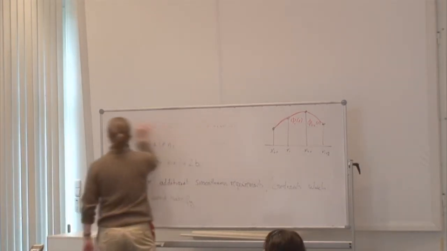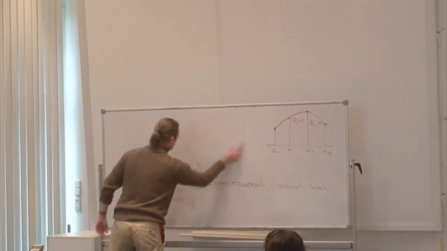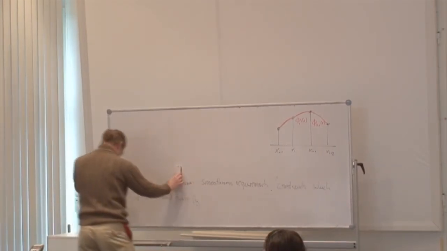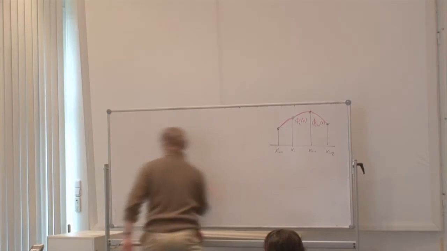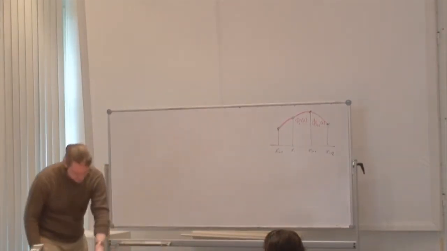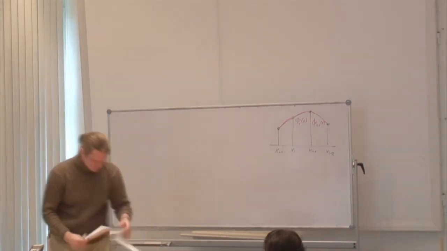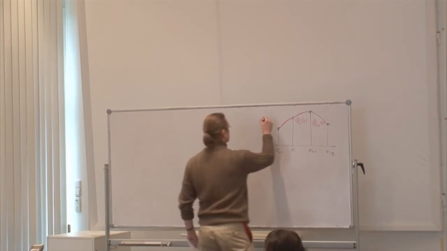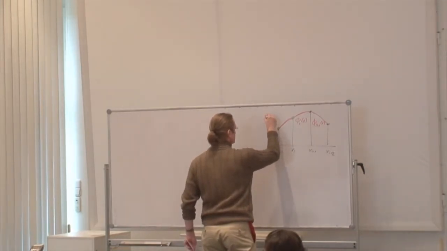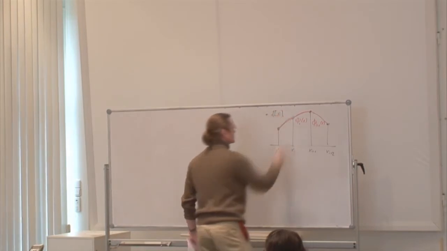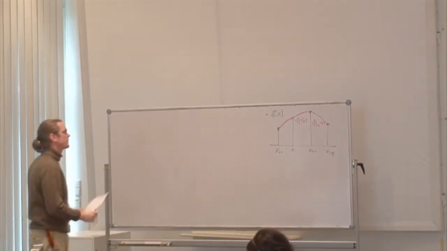So, first of all, a very reasonable idea is to require, so the black dots here are the values of this discrete function f of xi.